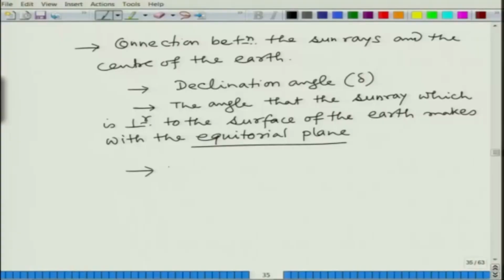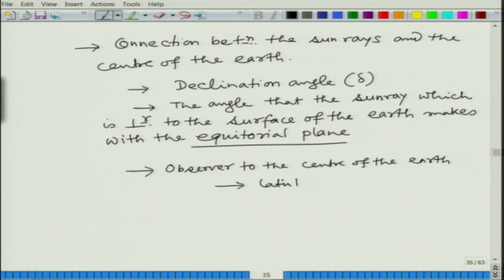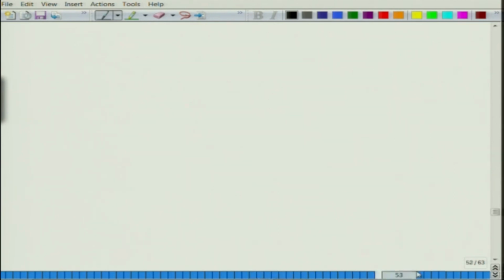The other point that we discussed, which connects the observer to the center of the earth. In the same figure we have shown you the angle that is the latitude, and that figure was this one.